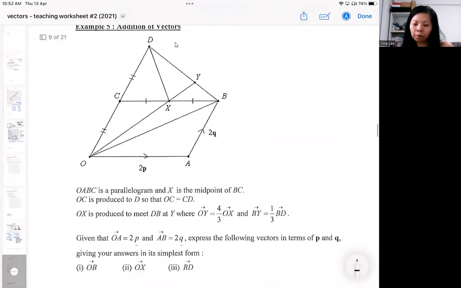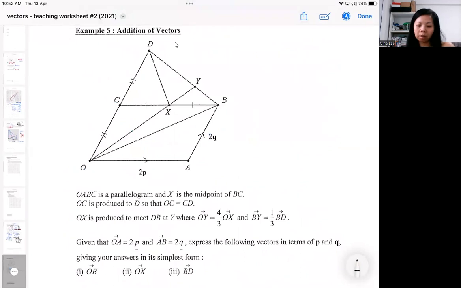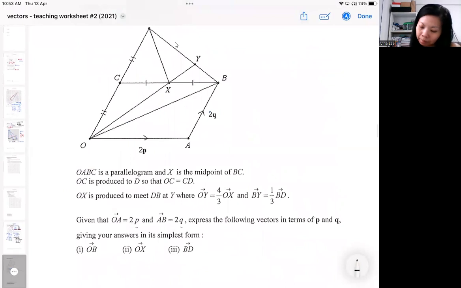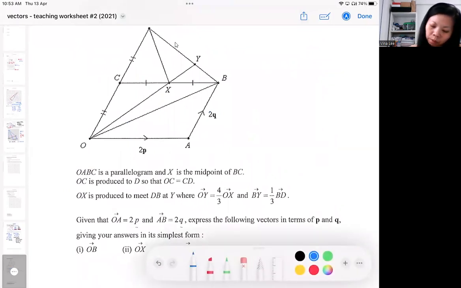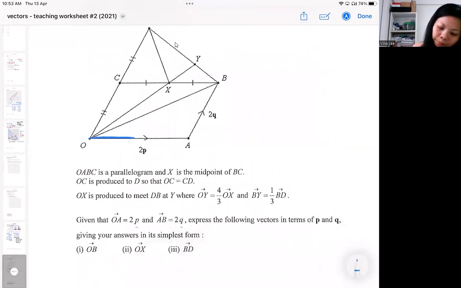In example 5, we also got a lot of addition of vectors, but this diagram comes with a parallelogram. So for parallelogram, we will have equal vectors to apply. Okay, so for example here, because I know that it's going to be a parallelogram, this and this should be equal.